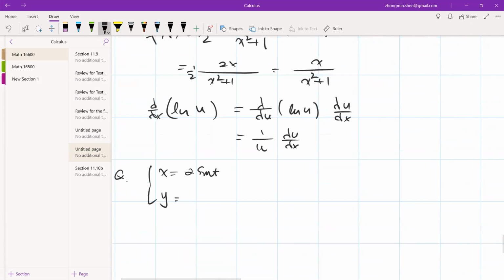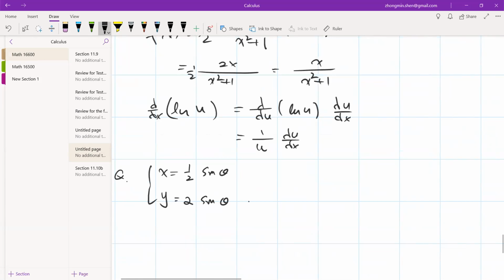Where's my test? Okay, so let's look at problem number 10. Let me erase this. The problem on the test is x equals half of sine theta, y equals 2 sine theta. Okay, 2 times sine theta.